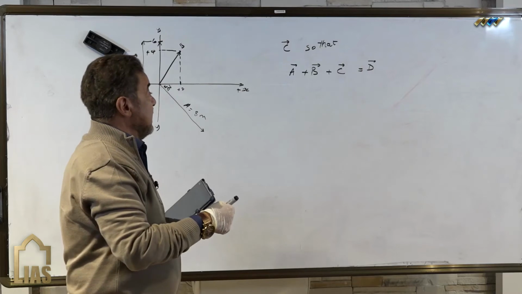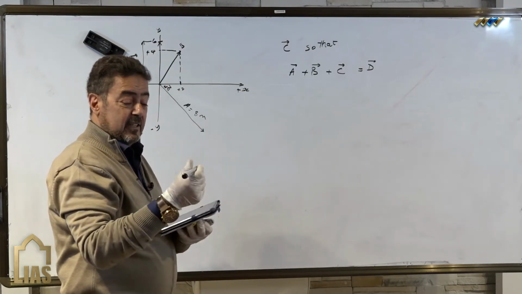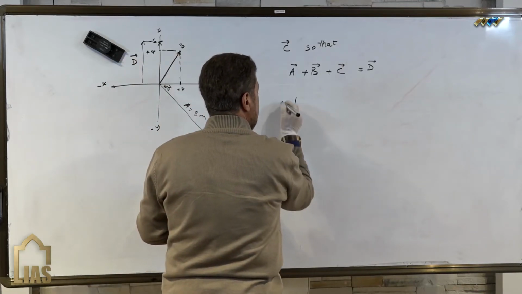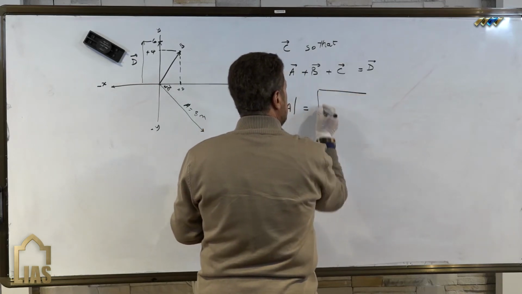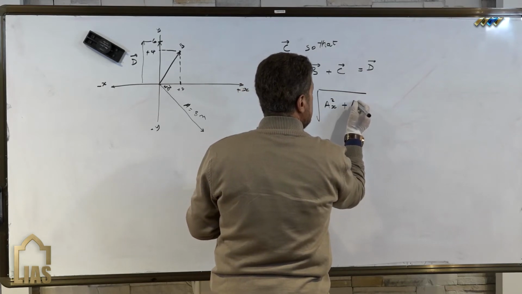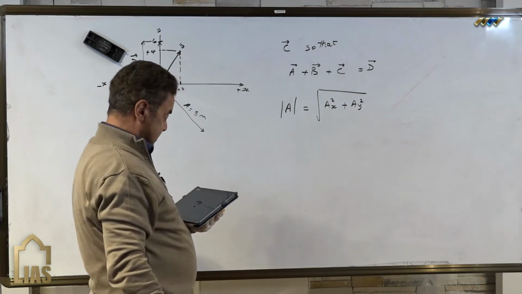Okay, let's see how to get the vector A first. The value of A is equal to square root of AX square plus AY square. Okay?